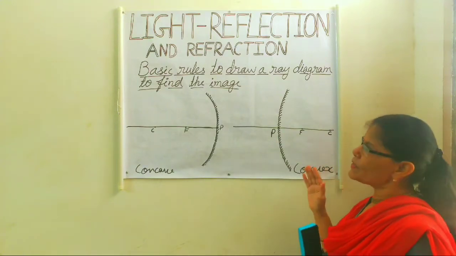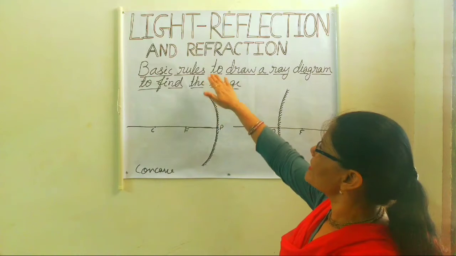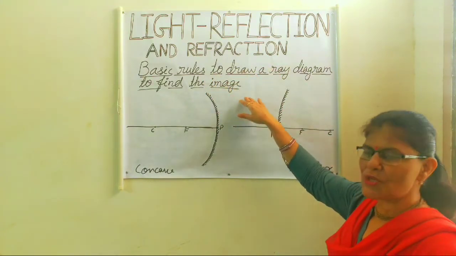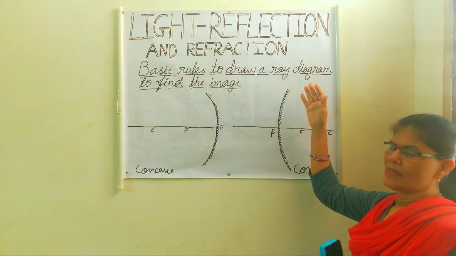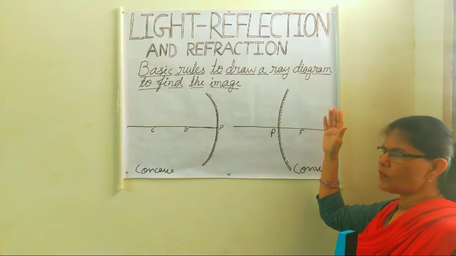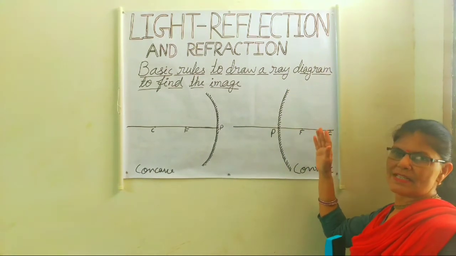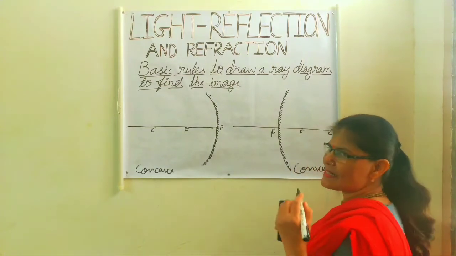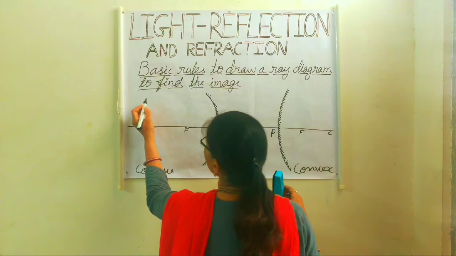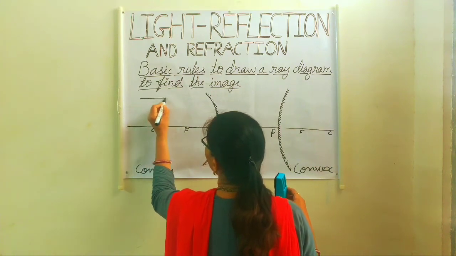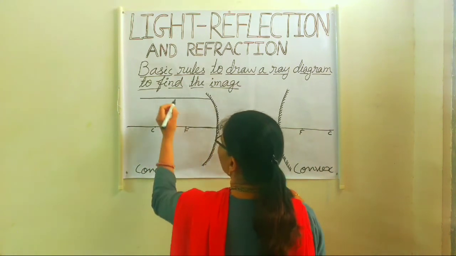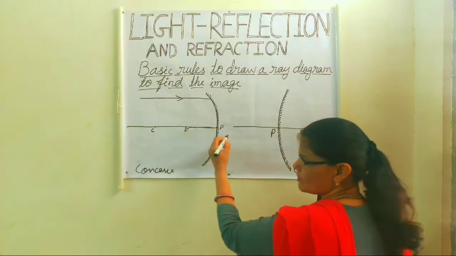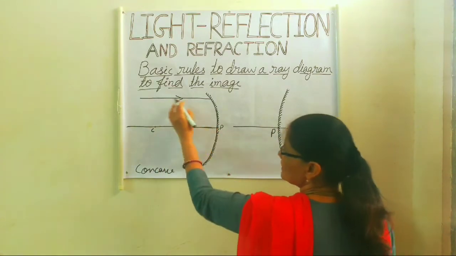Now, we are discussing the basic rules to draw a ray diagram to find the image of an object. For this we have 4 basic rules. First, when an incident ray comes parallel to the principal axis, this is our principal axis, and this is the incident ray.